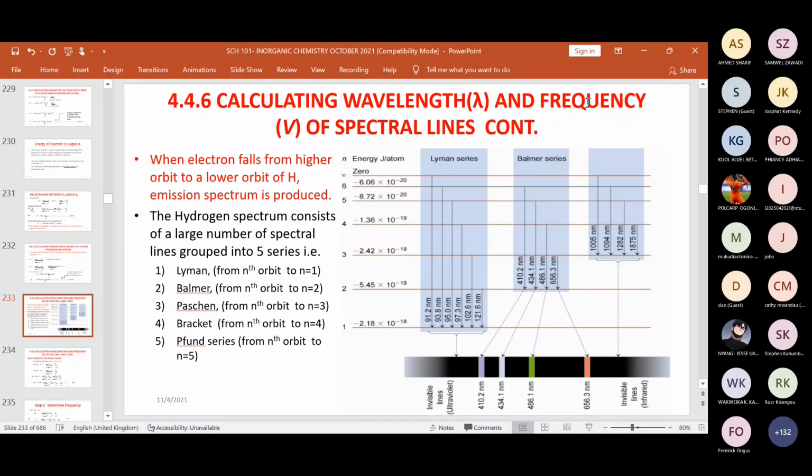If you look at the magnitude, it is becoming less and less negative, which means it is becoming more and more positive. When it is becoming more positive, we can say the energy is increasing as you move from a lower energy level to a higher energy level.